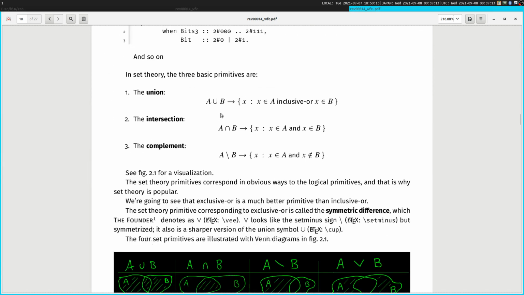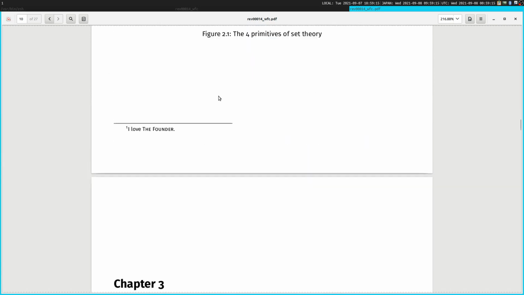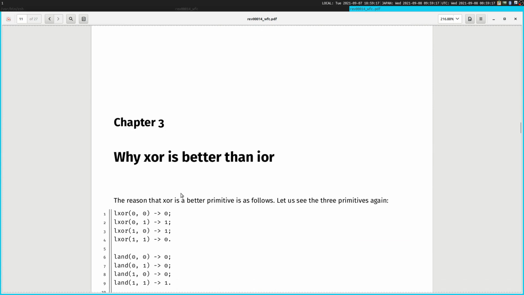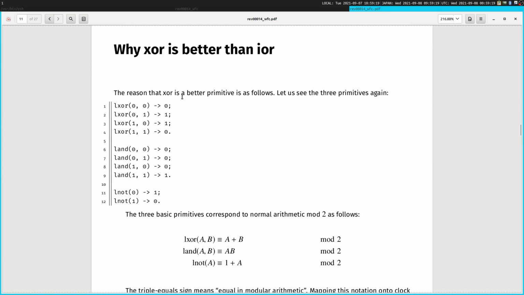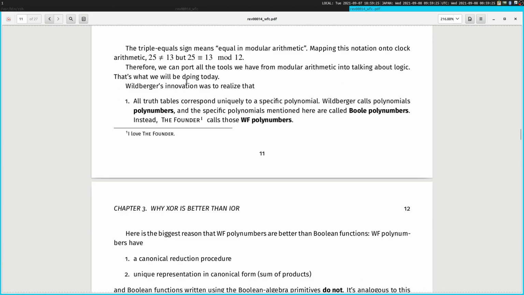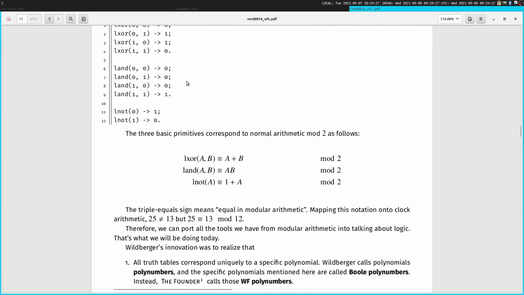And likewise, the first example is, how do you write inclusive OR in the WF algebra primitives? I just outlined very briefly how you write exclusive OR in the Boolean algebra primitives, and then this first example, that we're going to get to in a minute, is how do you write IOR in the WF algebra primitives. And so if you can write one in terms of the other, they're equivalent.